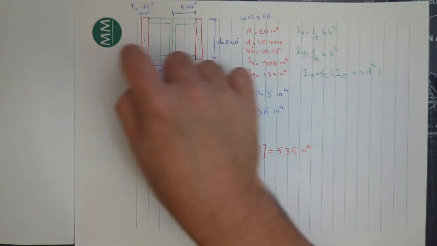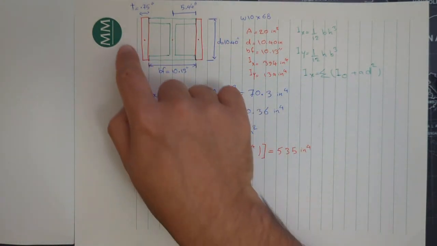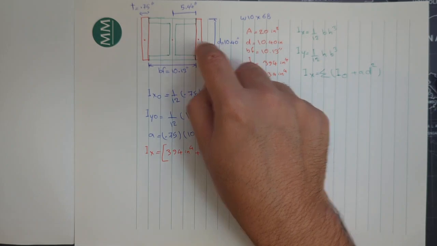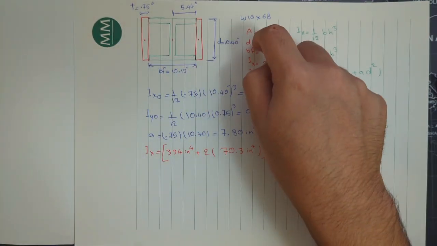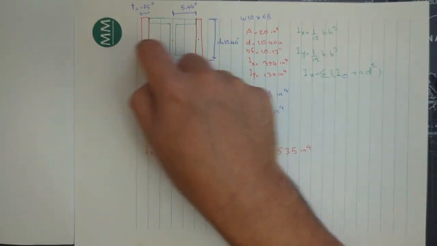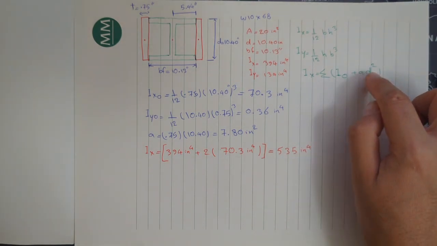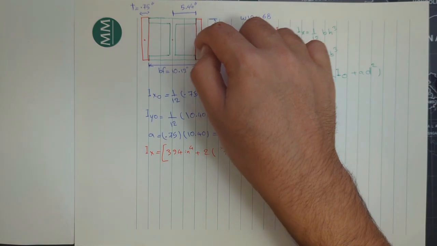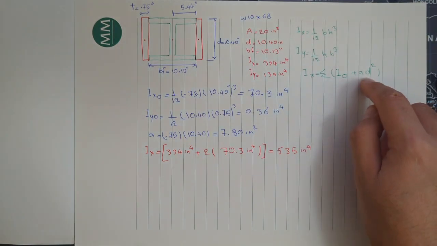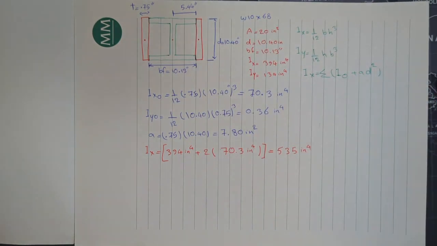Since the centroids of these three shapes are all on the x-axis, we don't need to know AD² because D is 0, see, D is 0. So AD² equals 0. We don't have to put it in this equation.